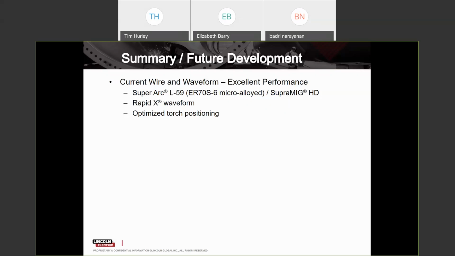Excellent performance is available from what we would classify as our microalloyed wires, either the Super Arc L59 or Super MIG HD products that we make and other ones that we make in various regions of the world, coupled with a Rapid X waveform or a similar waveform that provides a short arc length, narrow arc cone, and minimizes that droplet exposure, along with optimizing this torch positioning that we have discovered. We put those 3 together and we think we can get excellent performance on many base materials right now.